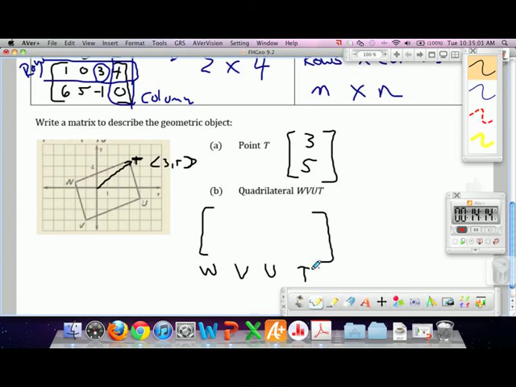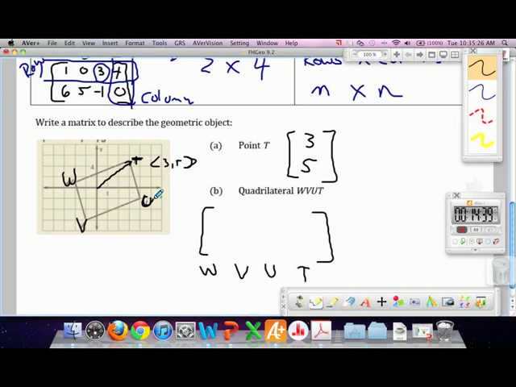So what would the column vector that represents W be? What vector takes me from the origin to point W? This is supposed to be W, this is supposed to be V, this is supposed to be U. I go back 2 and up 1.